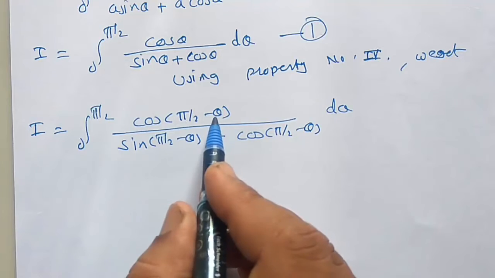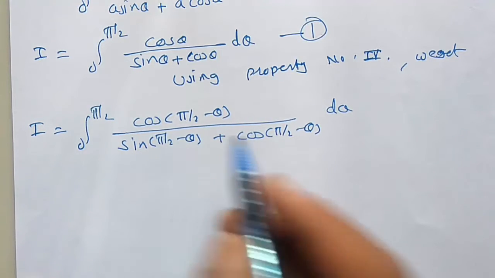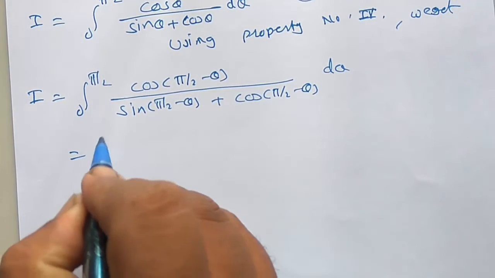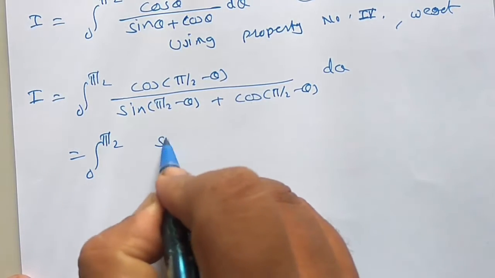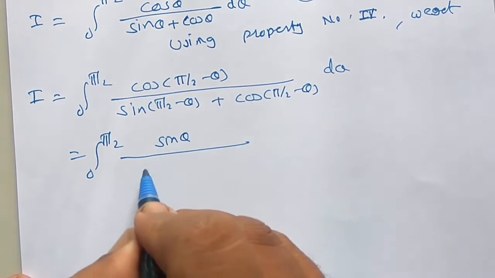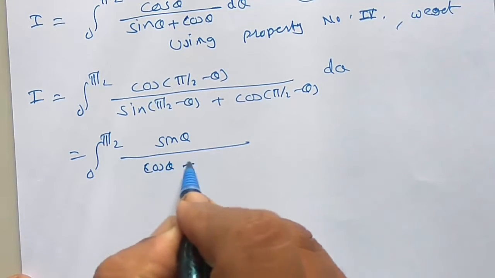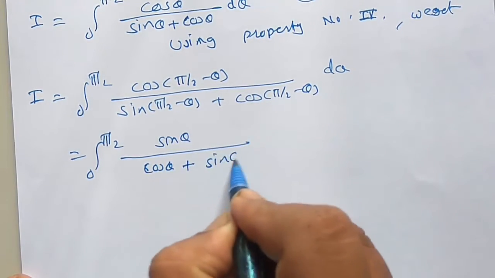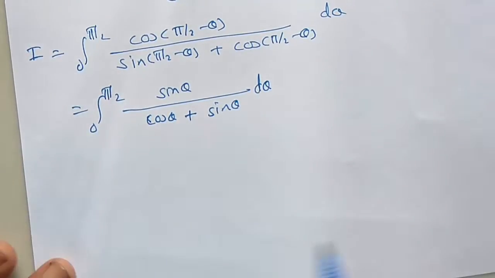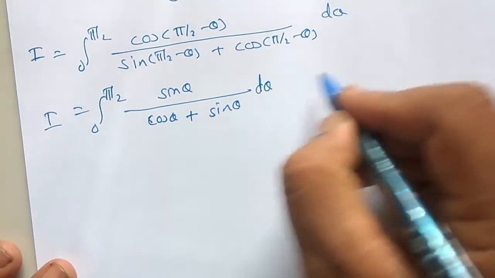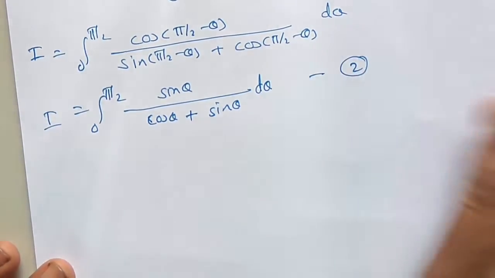Cos of 90 minus theta is sin theta. Sin of 90 minus theta is cos theta. So this is equal to sin theta upon cos theta plus sin theta d theta. This is also equal to I, and this is number 2.